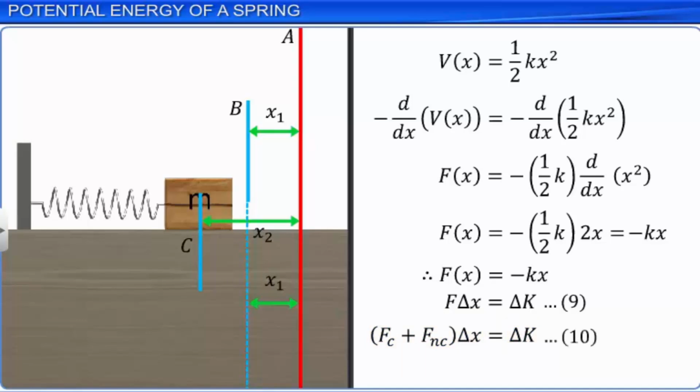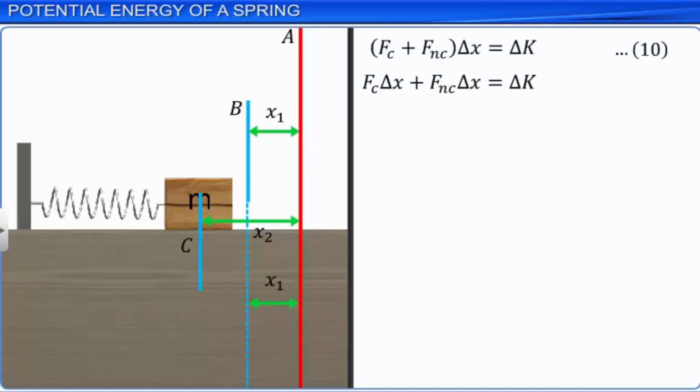Simplifying, we get Fc Δx + Fnc Δx is equal to ΔK. Since Fc Δx is equal to minus ΔV in equation 10, we get minus ΔV + Fnc Δx equal to ΔK. Let this be equation 11.